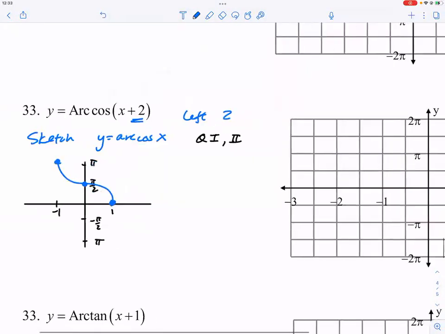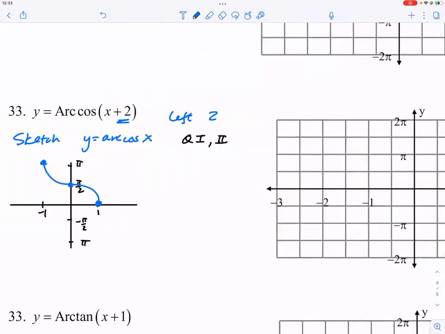And then now we say, oh, please move to the left 2 units. So 1 becomes -1, and make sure you are paying attention to the scale right here. Okay, so 0 becomes -2, and it would be -2, pi over 2, and then -3, pi, and that's it.